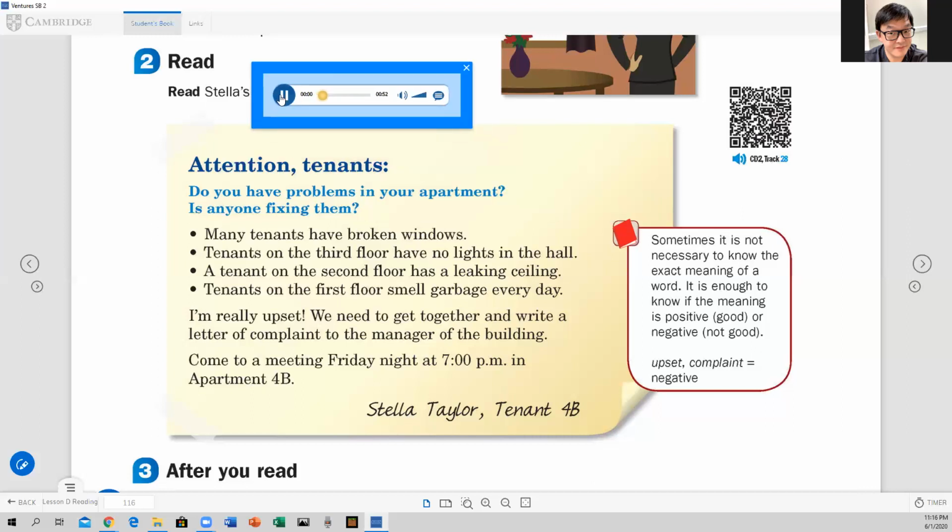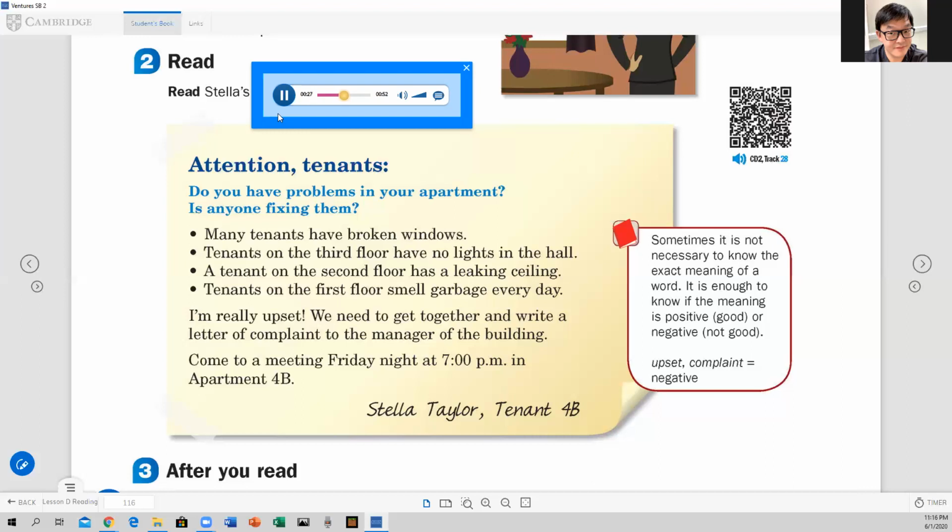Page 116, Exercise 2, Track 28. Attention tenants. Do you have problems in your apartment? Is anyone fixing them? Many tenants have broken windows. Tenants on the third floor have no lights in the hall. A tenant on the second floor has a leaking ceiling.